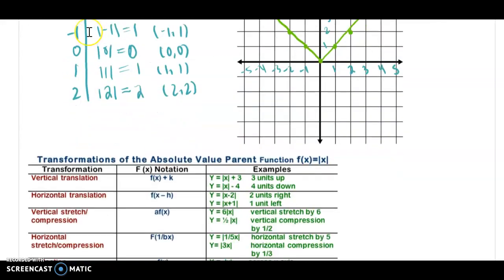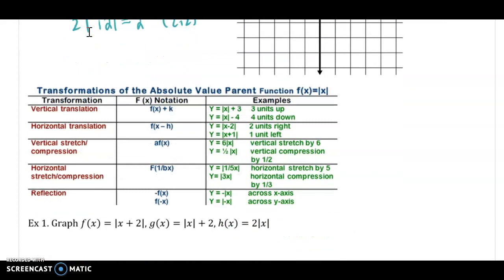So in the following chart that I have here, it shows you what all the transformations are. So we have vertical translations, which is when it's on the outside of the absolute value, and then horizontal translations, when it's on the inside, and it's being added or subtracted for both of those cases.